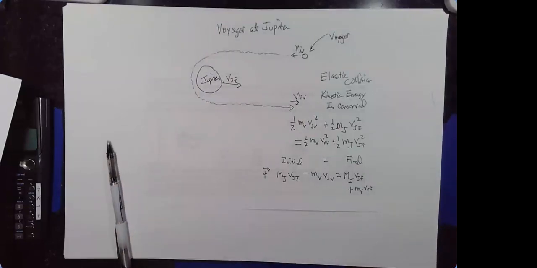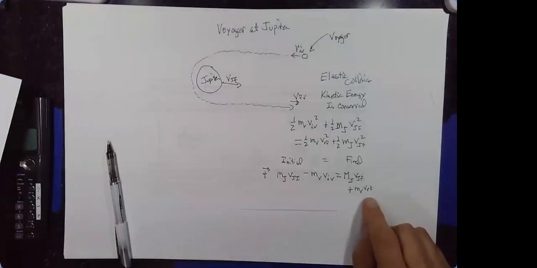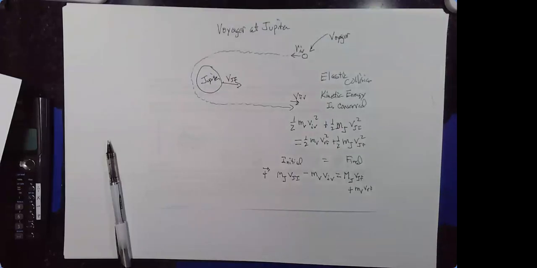And you can solve this, and it turns out that the final speed of Voyager, which is what we care about, ends up being around 3 times its initial speed. And so it picks up a whole lot of energy. Its final kinetic energy is actually 9 times its initial kinetic energy, because if you triple something that gets squared in the kinetic energy calculation, it has that.